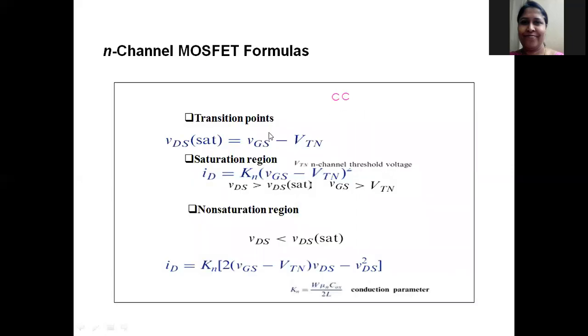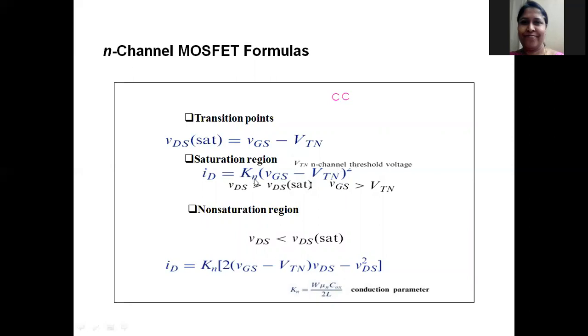Here we recollect some of the equations that we derived in the previous classes. VDS saturation is equal to VGS minus VT. In the same way, IDS is equal to beta by 2 times VGS minus VTN whole square.